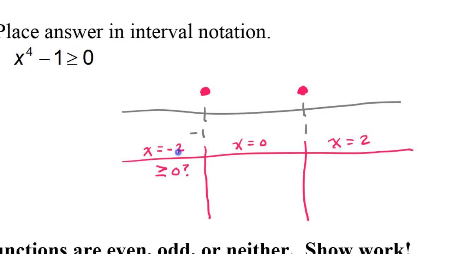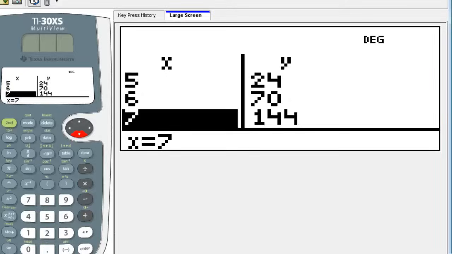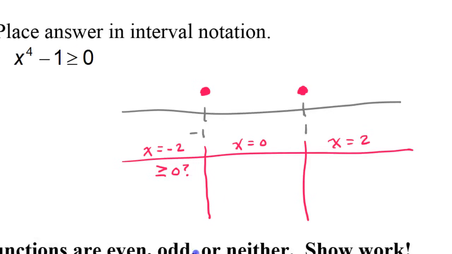So at -2, I really could do this by hand. I could put this in my calculator again, but this is so simple. If I plug in -2, then -2 to the 4th power minus 1 is greater than or equal to 0. -2 to the 4th power is positive 16. 16 minus 1 is 15.